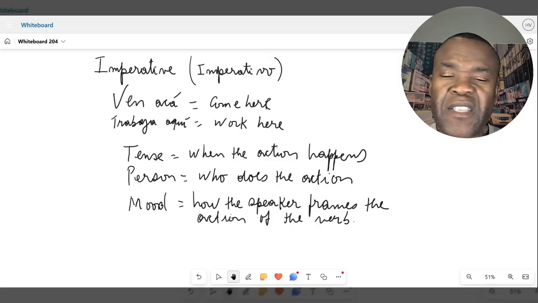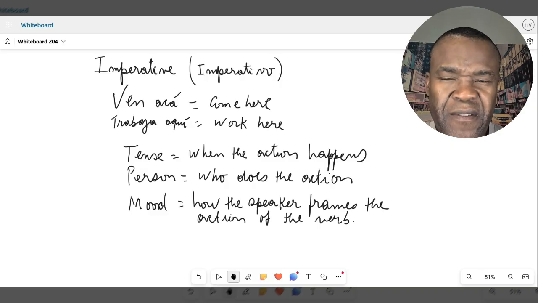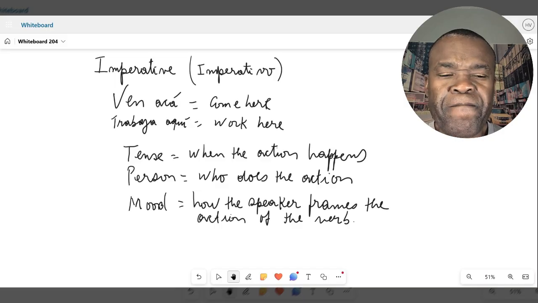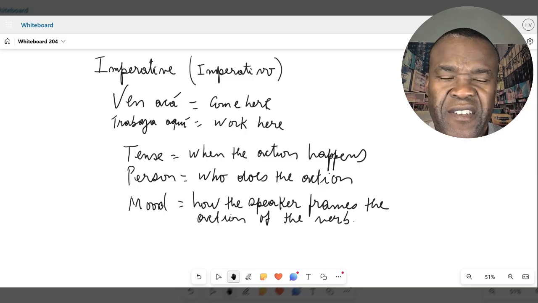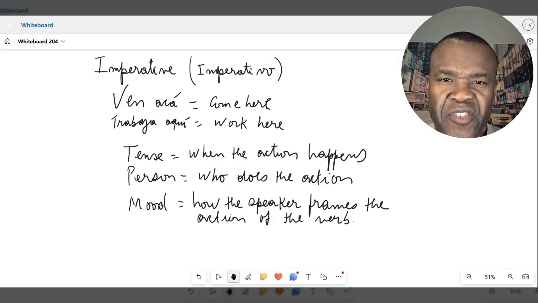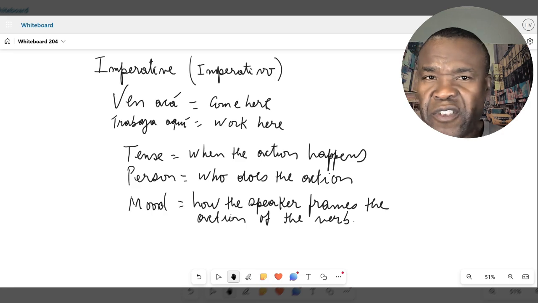So it's extremely important, and that's also one of the reasons that I'm teaching this in English. It's very important to understand these things in your own language. I don't know how else to stress it. It is extremely important to understand verbs, verb moods, and certain topics, to learn them in your own language first before you move on to speak Spanish.